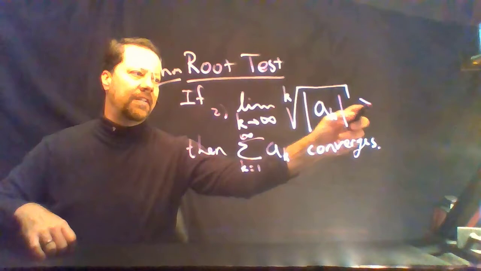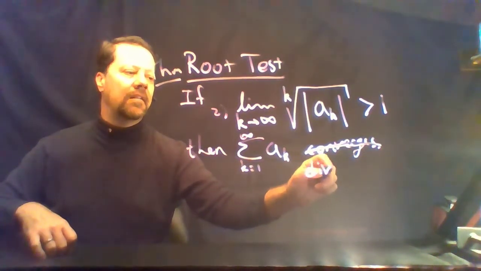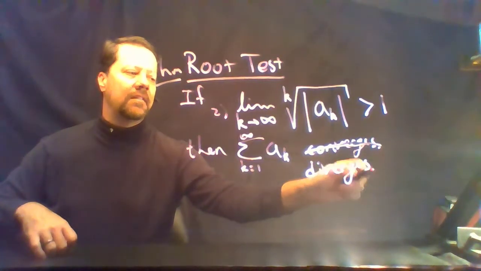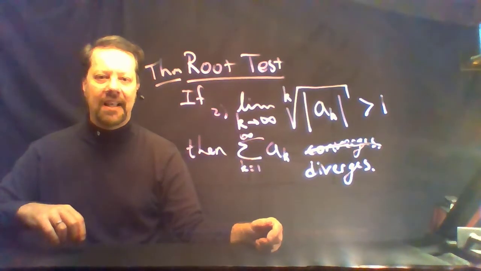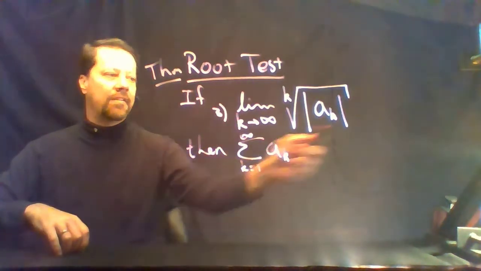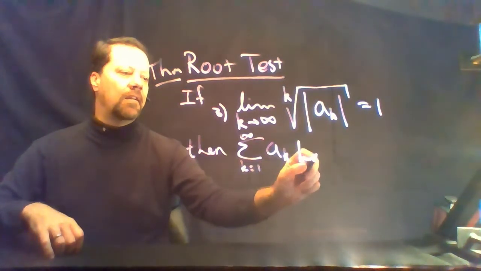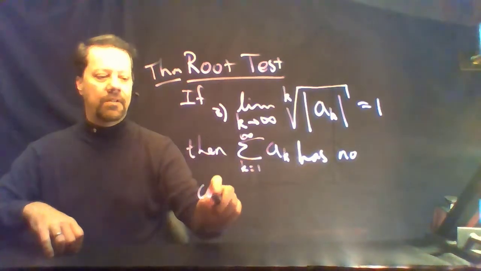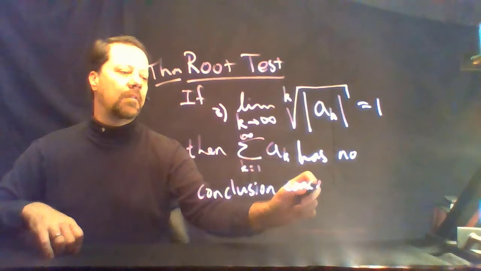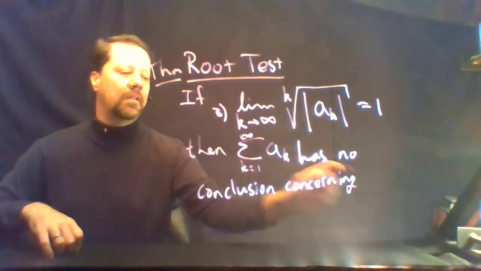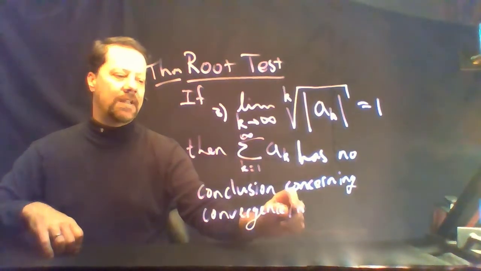If the limit is greater than 1, then the series diverges. And you guessed it, by trichotomy there is a third case. Third, if the limit is equal to 1, no conclusion concerning convergence or divergence.